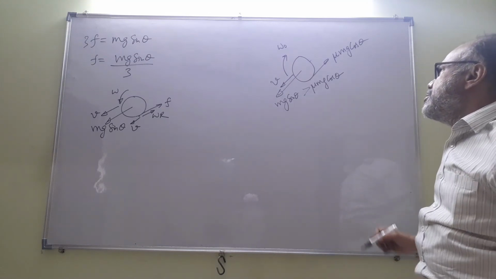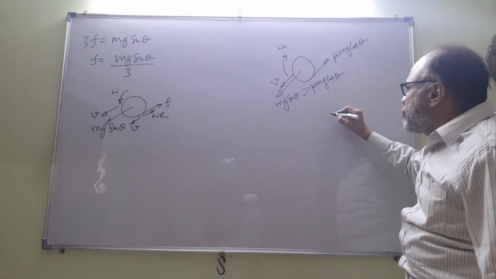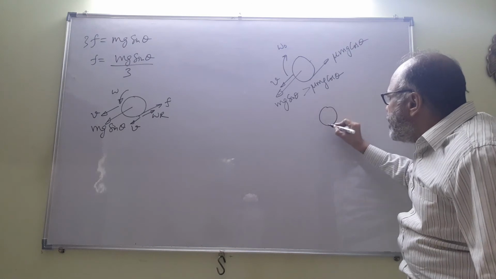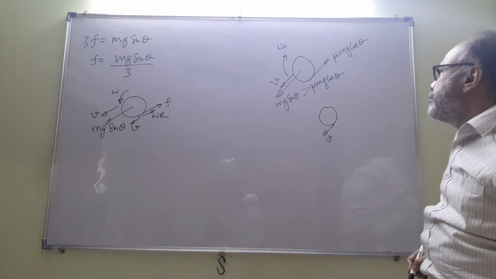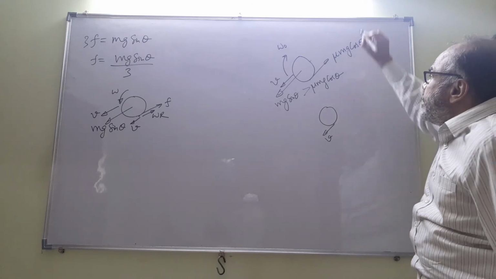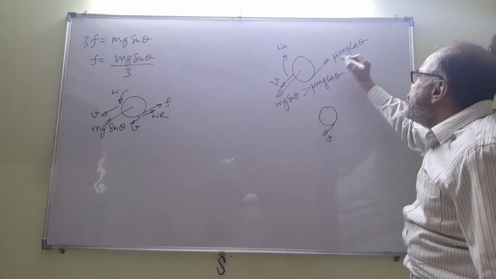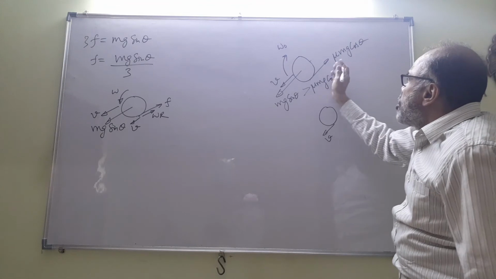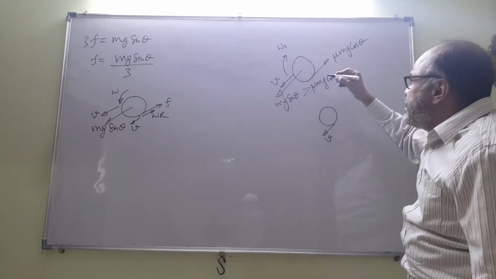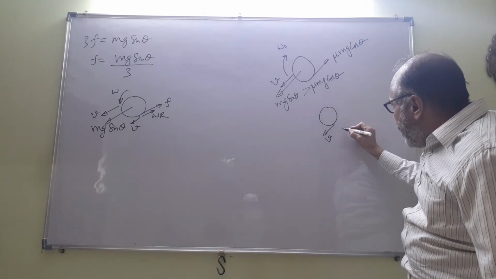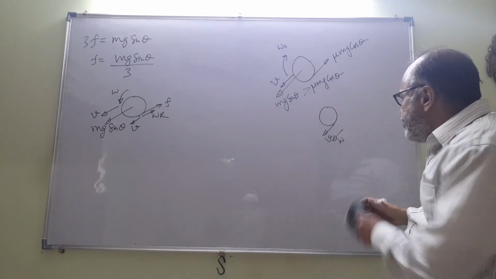But if you see the situation, you have v downward at the point of contact, and mu mg cos theta is causing anti-clockwise torque, so omega is decreasing, and omega r is also this way, in the same direction as v.